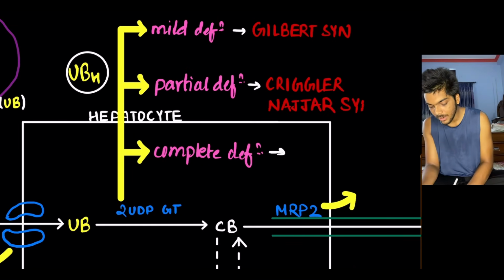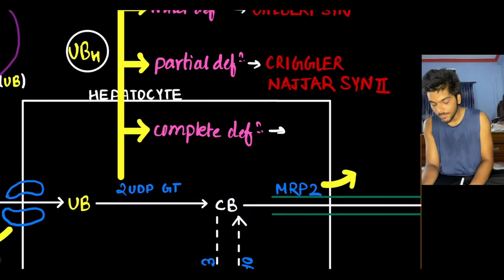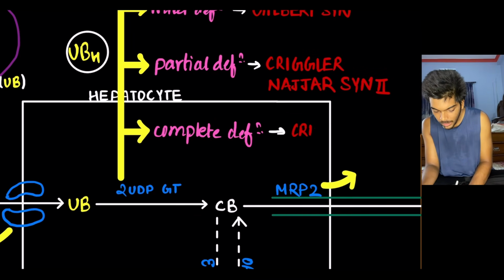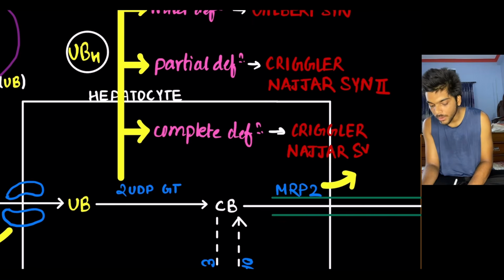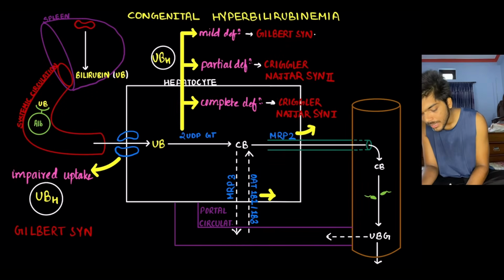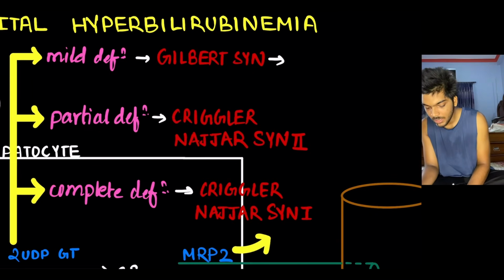This is seen in Crigler-Najjar syndrome type 2. Complete deficiency is seen in Crigler-Najjar syndrome 1. So 1 is much worse. Since in Gilbert syndrome there is mild deficiency, the condition is mostly asymptomatic.